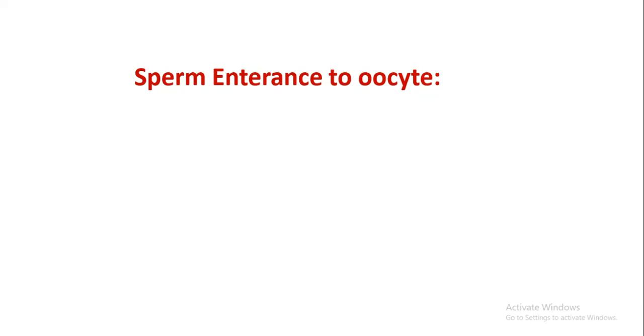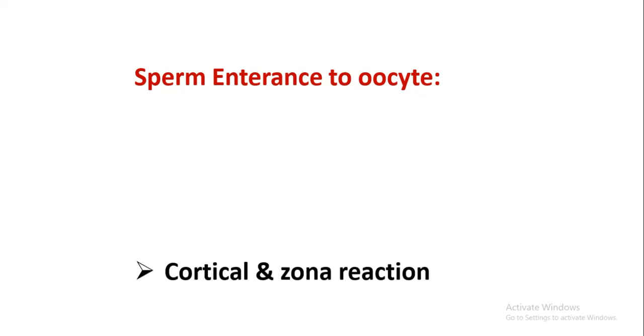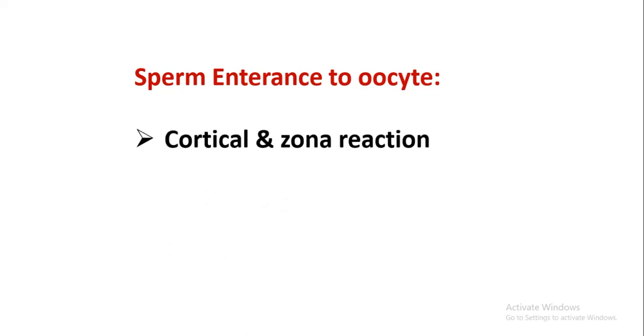This is where I'm going to discuss some things that take place when the sperm penetrates the oocyte. The first thing that takes place is the cortical and the zona reaction, which I've already explained.